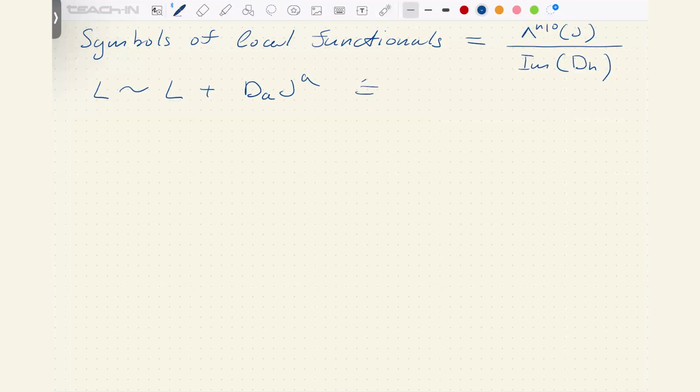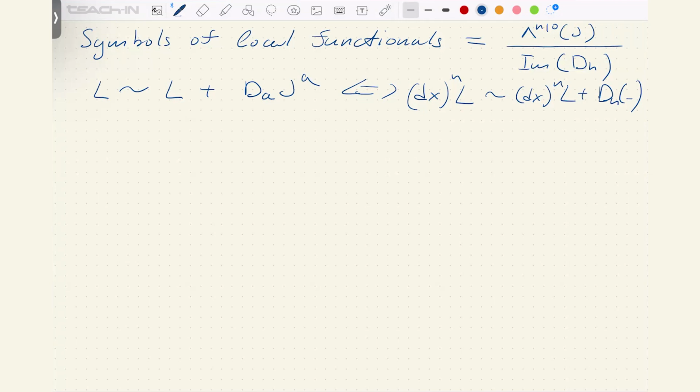This is the same, of course, as dx, the volume form. Let me denote it like this: dx L is equivalent to dx L plus d_h acting on something, which is just J dualized to a differential form.